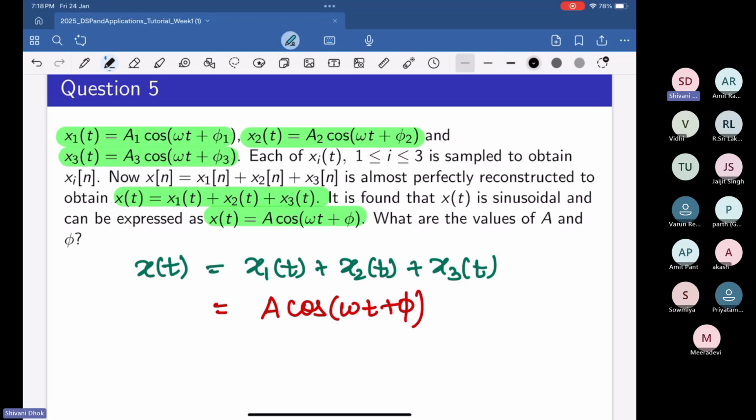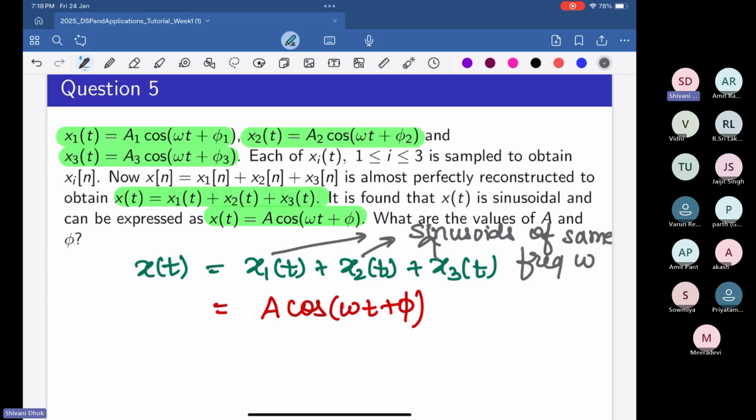And here these x1, x2, and x3 are sinusoids of same frequency omega, but different phase and amplitude.